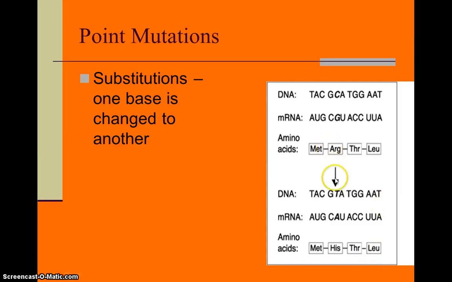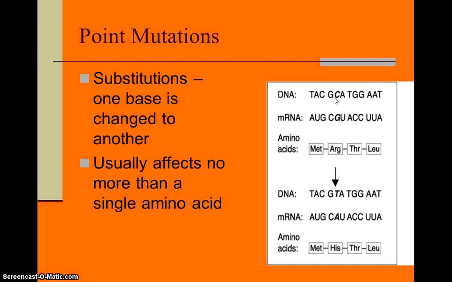So right here we have this base that got changed from this base. It usually affects no more than one single amino acid. So you can see the amino acids right here, and it's a different amino acid.